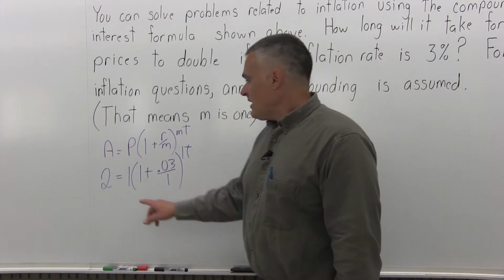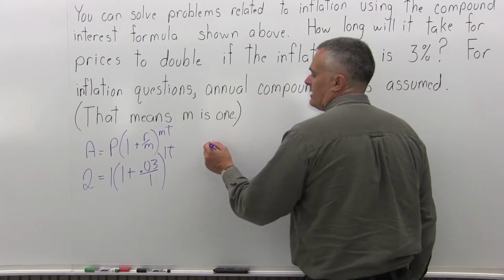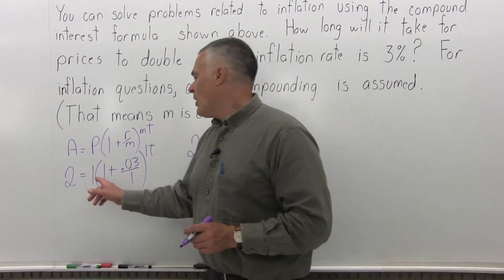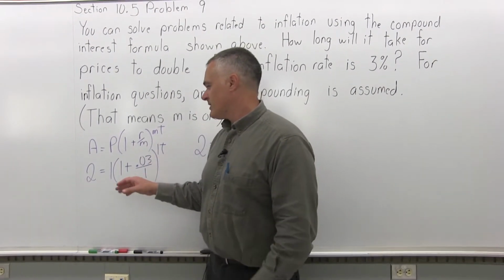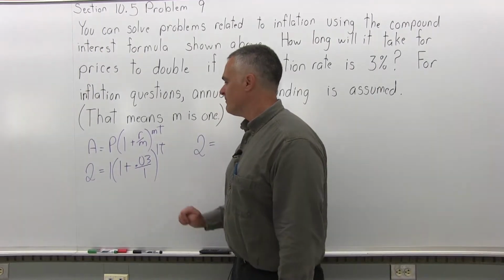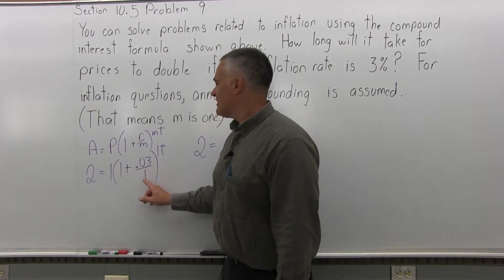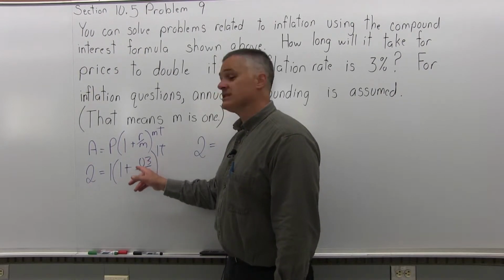So let me clean up this formula a little bit. On the left, I will keep the 2 equals. So now, 1 times the parentheses, I don't really have to write the 1. I can let the 1 disappear. 1 times anything, it stays the same. And in the parentheses, 1 plus 0.03 divided by 1. Well, 0.03 divided by 1, of course, is just 0.03.